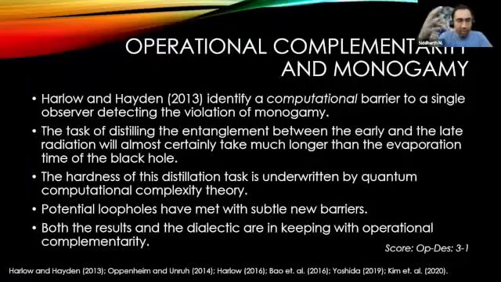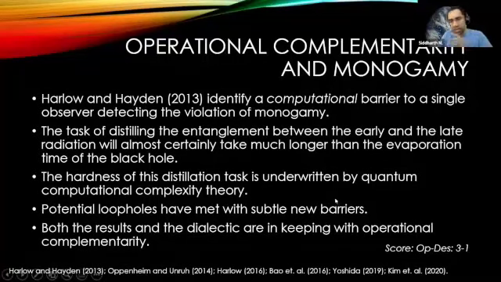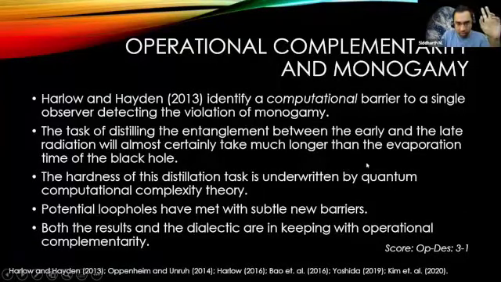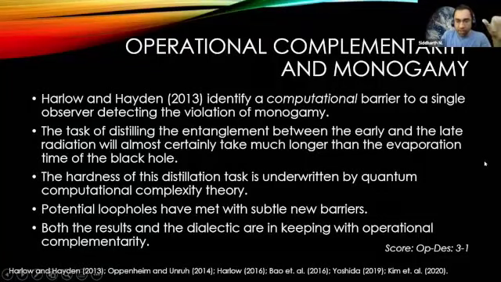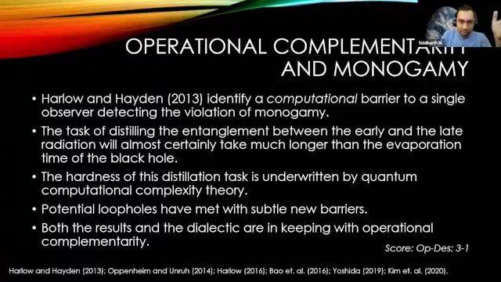And interestingly enough, first of all, we see that operational complementarity is succeeding here, because operational complementarity said that you can't have an empirical observation of a violation of quantum mechanics. And as it turns out, there's a computational barrier to this. And interestingly, there's an analogy with dialectics earlier in the history of science, right?